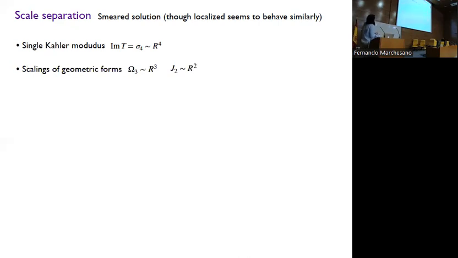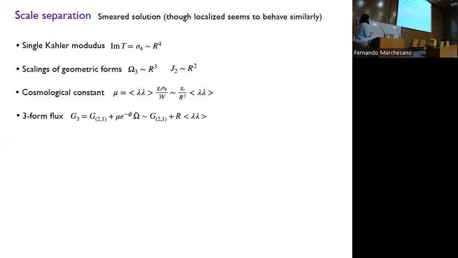So now let's go to the scale separation, which we'll do in the smeared solution, though we think the localized solution behaves similarly, and for a single Kähler modulus. Now all the geometric forms scale, so this scales like R^4, this scales like R^2. The cosmological constant is related, in our equations, to the bilinear of the gaugino, so it has these scalings.